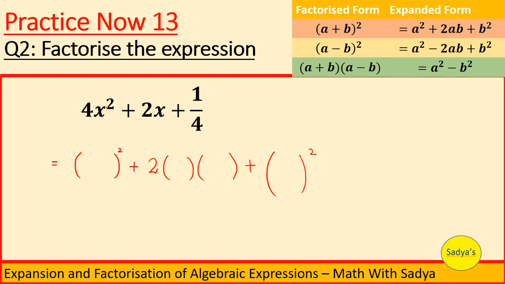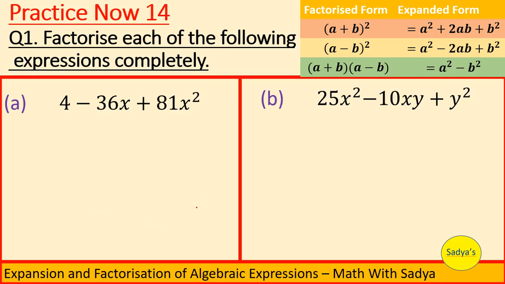Now which number when squared gives us 4x squared? It is 2x. Which number when squared gives us 1 by 4? It is 1 by 2. So write down 2x in the first bracket and 1 by 2 in the second bracket of 2ab. So using the identity, it is equal to a is 2x and b is 1 by 2 whole squared.